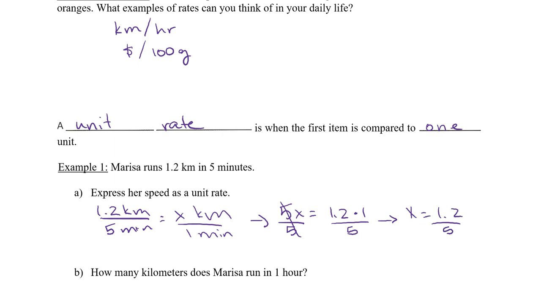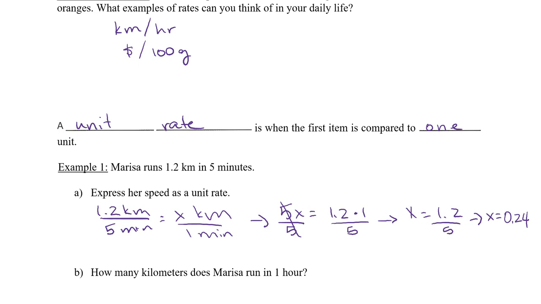All you have to do is just do that division in the first place. Let's just do it. 1.2 divided by 5 is 0.24.